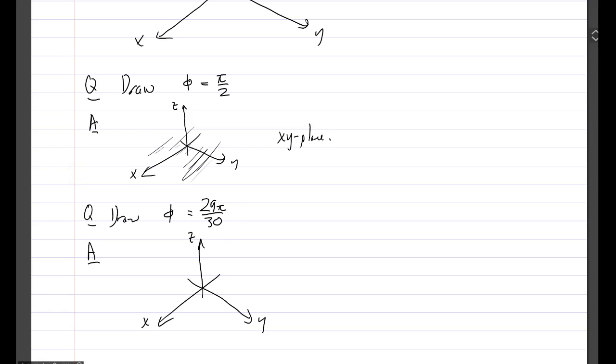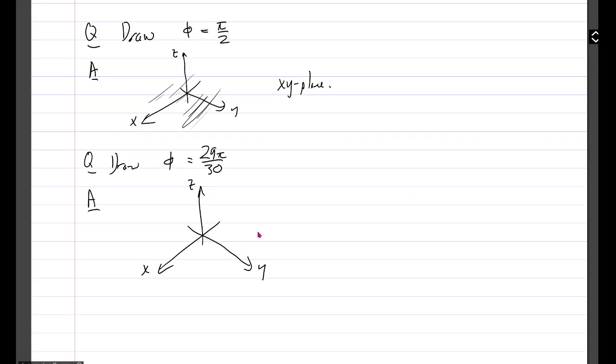Remember, pi is the largest possible value for phi. So what happens when that angle is slightly less than pi? It should create a cone that's very thin again, but it's just upside down from the cone that we drew earlier. Otherwise, it's exactly the same cone, just upside down.